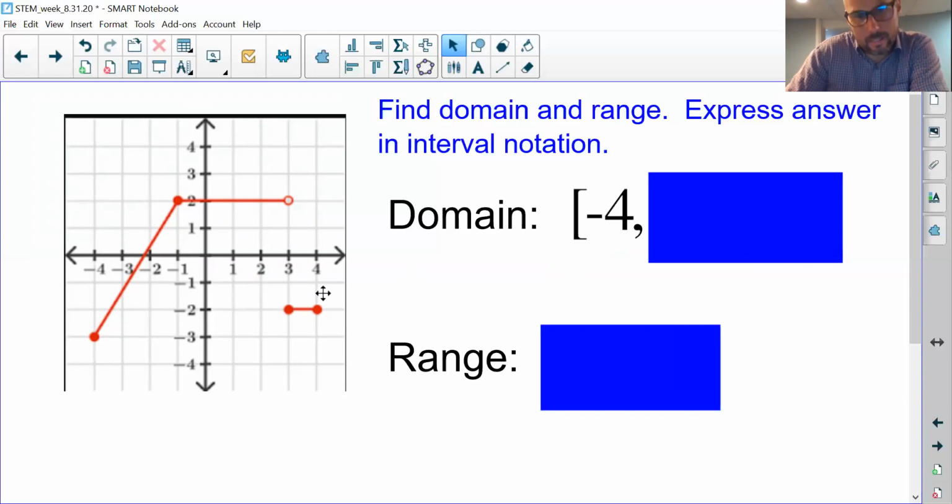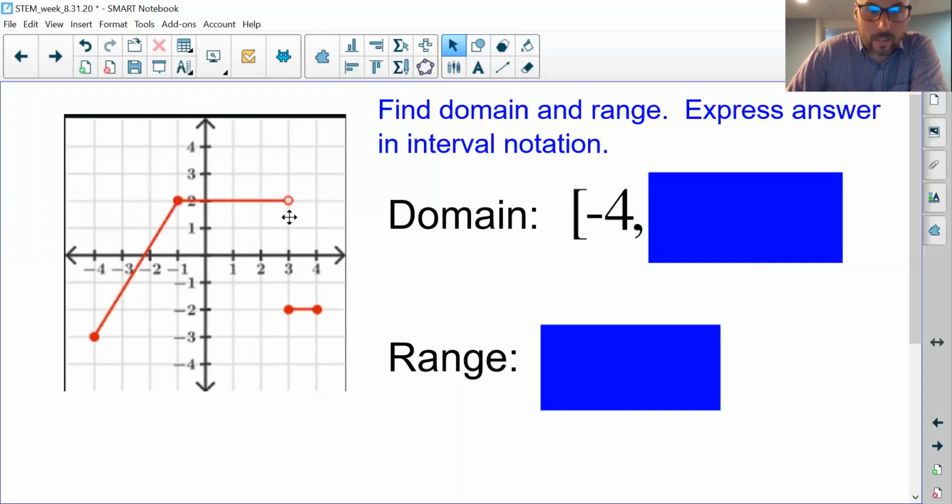Now, this one's not continuous. If I gave you a pencil and asked you to draw this, you could not draw this without lifting up your pencil. You could draw this part, and then you'd have to lift up your pencil to draw this part. So it's not continuous. But what is the domain? What are the set of all the x values? All these x values are included, beginning with -4, -3, -2, -1. 0 is an x value, 1 is an x value, 2 is an x value.